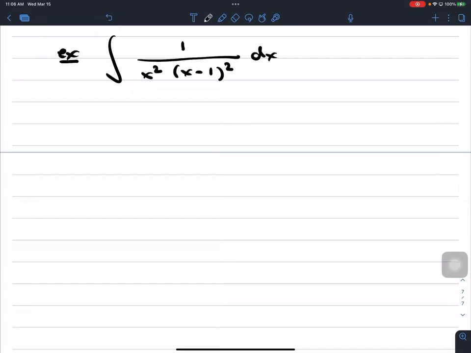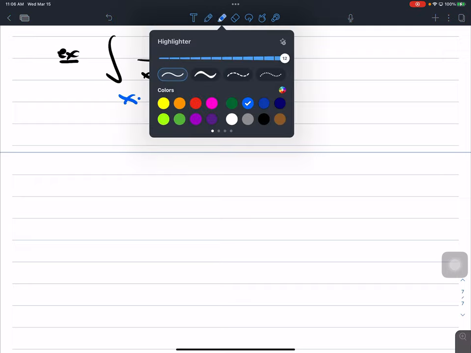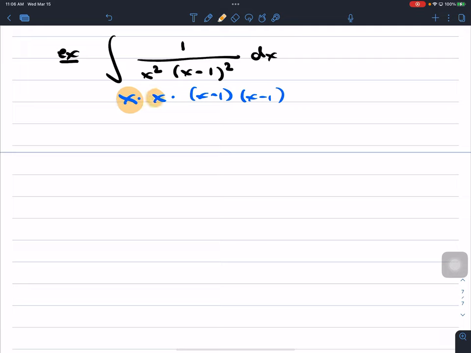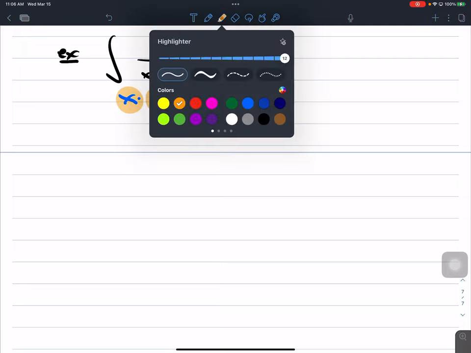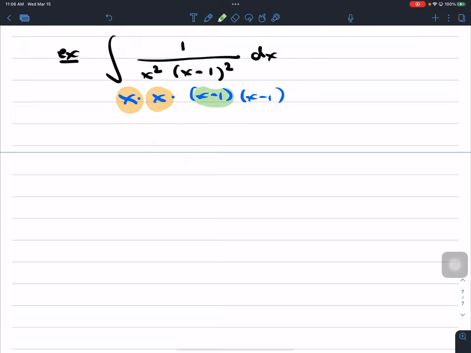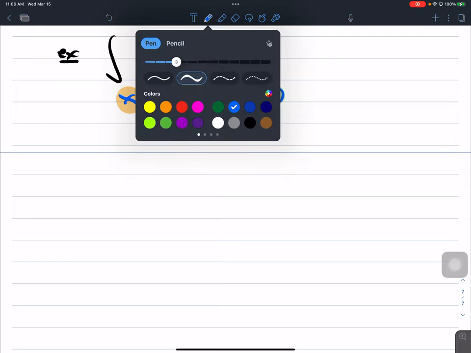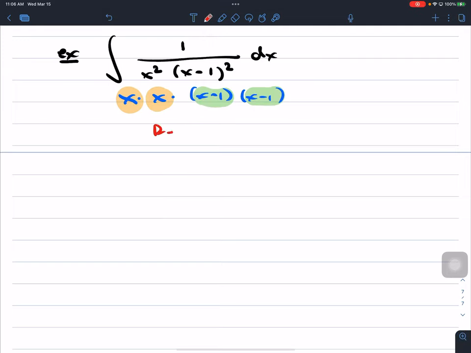Now, what I mean by repeat linear factors here, okay? Let's focus on this here. We can say this is x times x, x minus 1, x minus 1. Repeat linear.